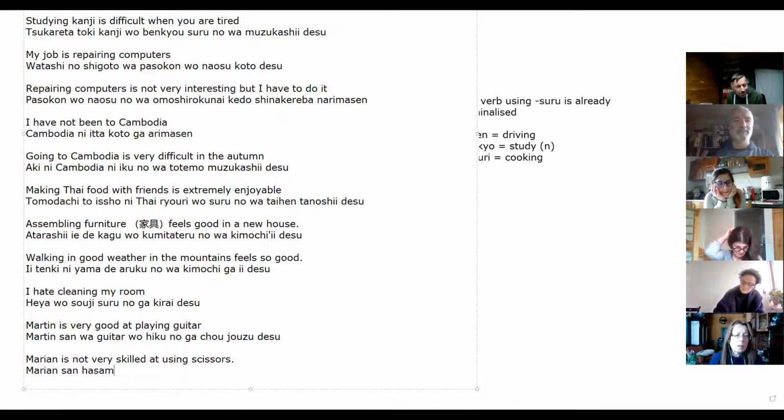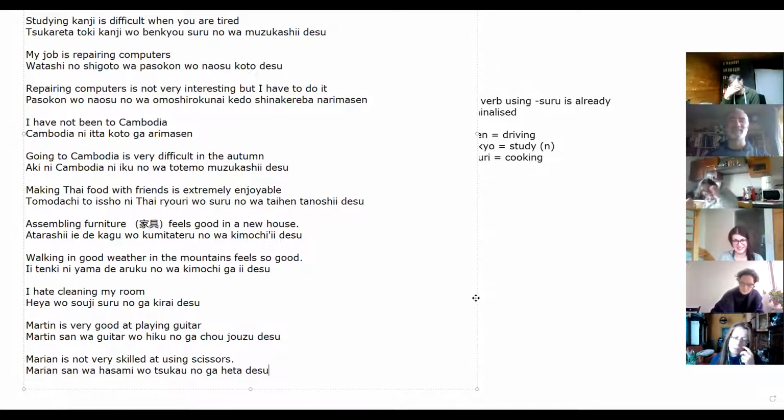Hasami. Hasami o 使うのが下手です。 Very good. Excellent. 下手. I said hentai. His way of using scissors is perverted. Well, this could be true.